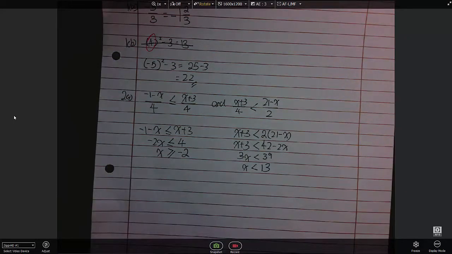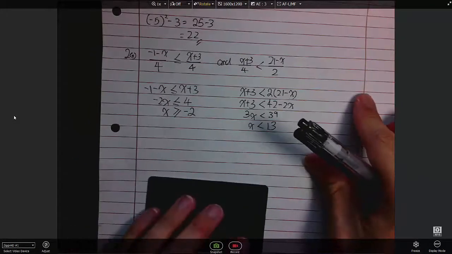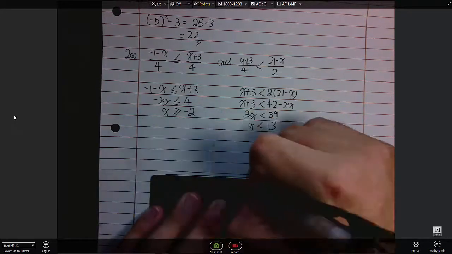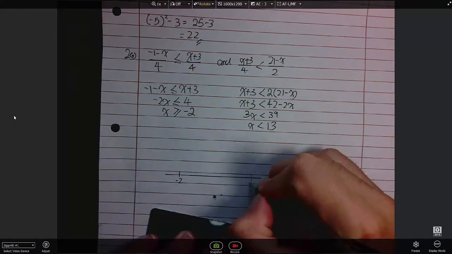Alright, here is where we will have to draw out the number line. Okay, it's best that if you can find a ruler, use a ruler to draw the number line. I can't find a ruler now, I shall use my card here. Okay, so first I will draw like this. Okay, negative 2 and 13.